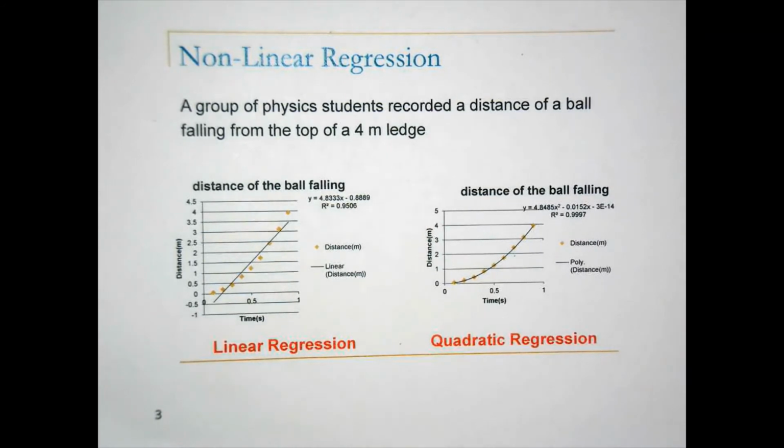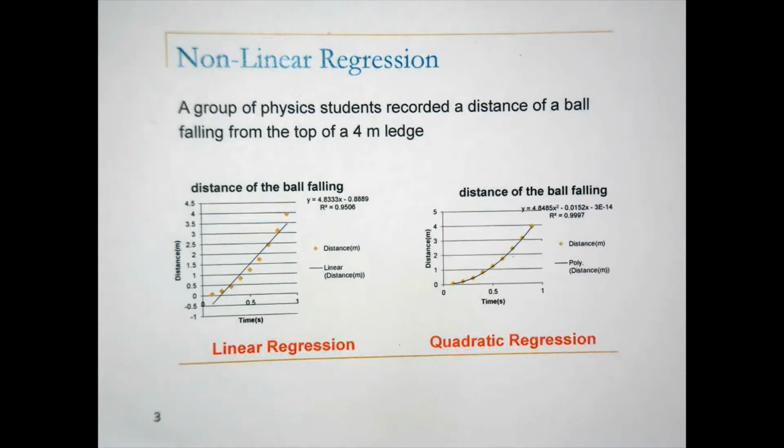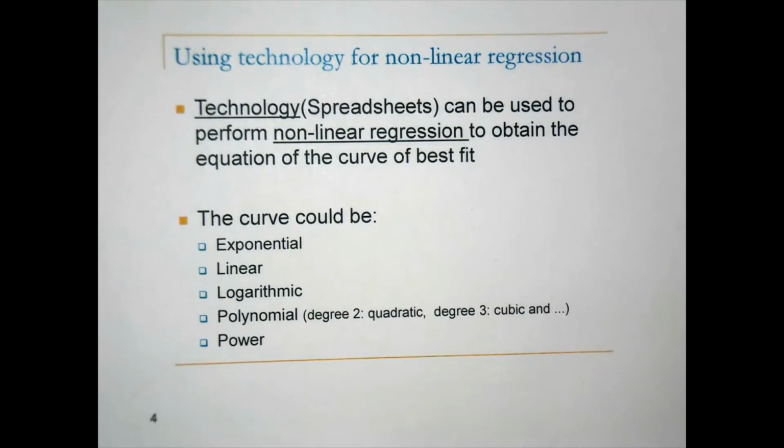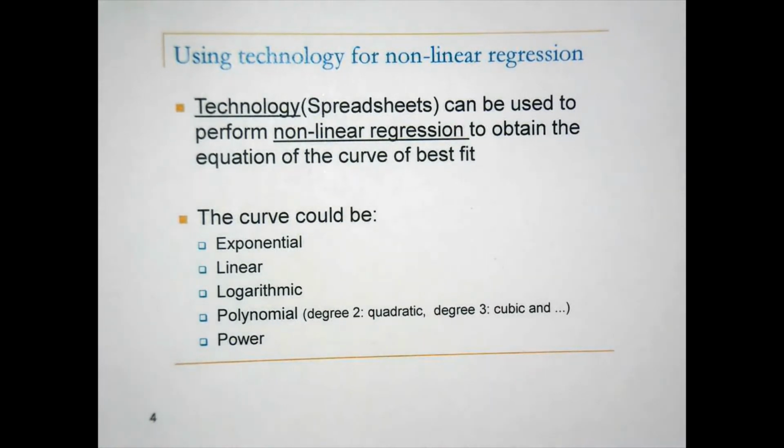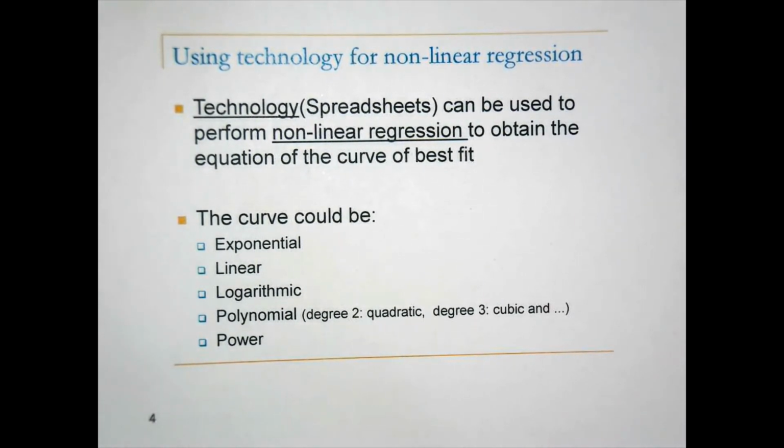What we are going to do, and I am going to show it to you at the end of the lesson, is use spreadsheets for our nonlinear regression, and we will try to find the best equation of the curve of best fit.